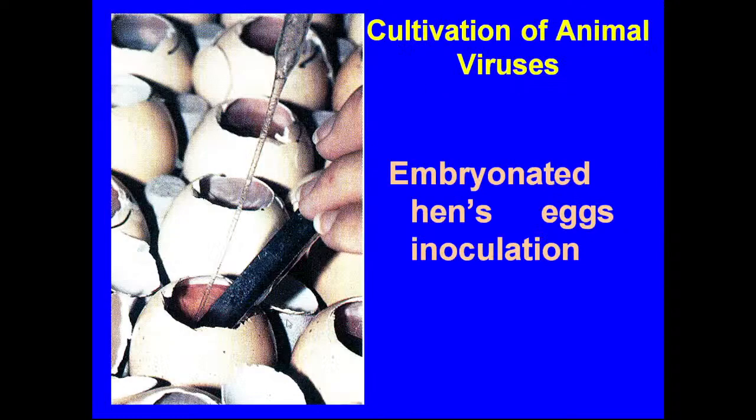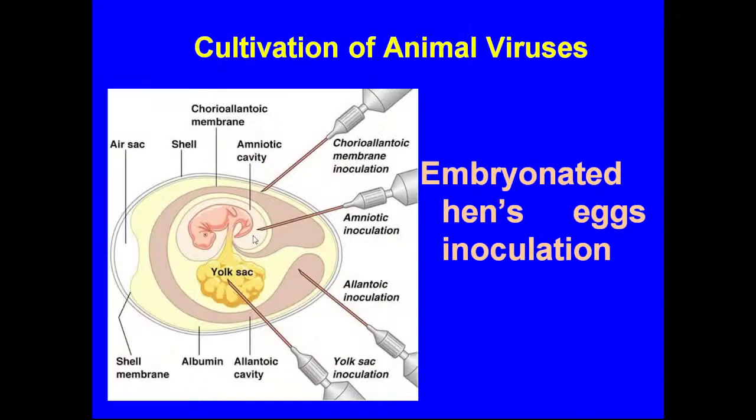The second way to culture animal viruses is embryonated hen's egg inoculation. We inoculate the virus-containing liquid inside the egg, and there are several ways to do this. We may place it directly on the chorioallantoic membrane, or we may inoculate it into the yolk sac, or allantoic inoculation, or amniotic sac inoculation.